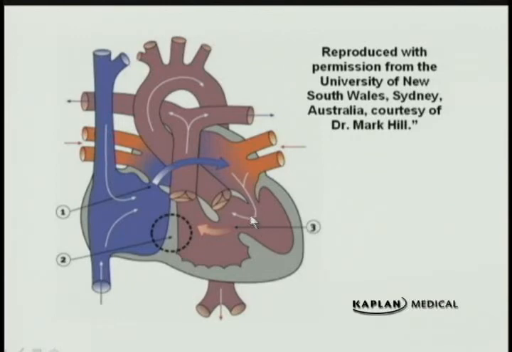And then what happens is you need a VSD for the blood to get from the left ventricle to the right ventricle and then out to the lungs. So that's how you can bypass it. So you need to have other heart defects to help you out. A ductus arteriosus is helpful because then in that case you can have shunting across this level and then blood can get to the lungs that way.